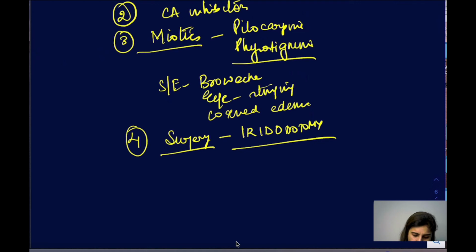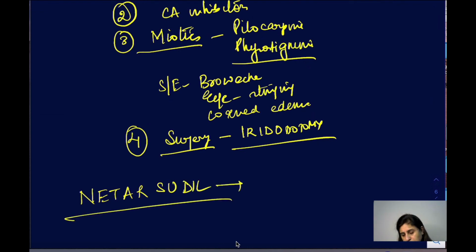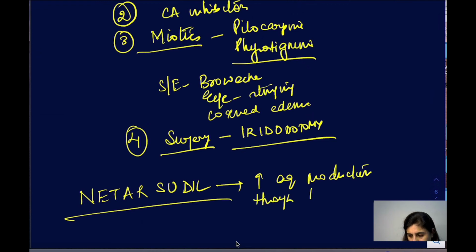And the last one I told you, a drug called netarsudil. We can use it in any case because it increases the aqueous flow through the trabecular meshwork.